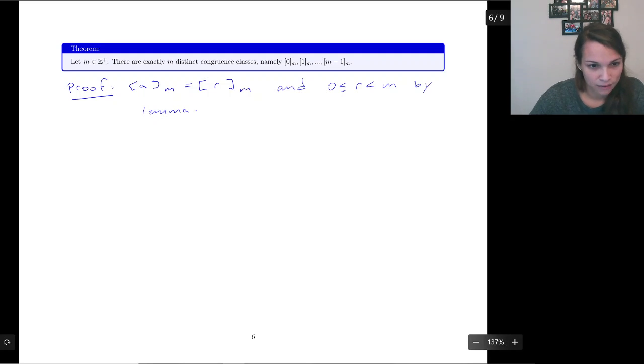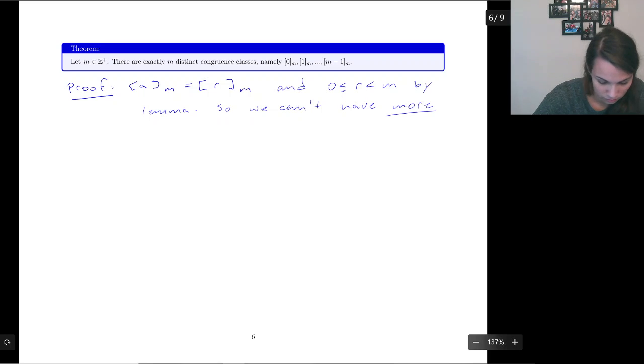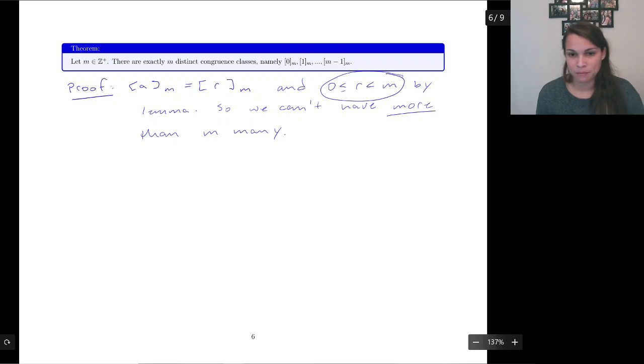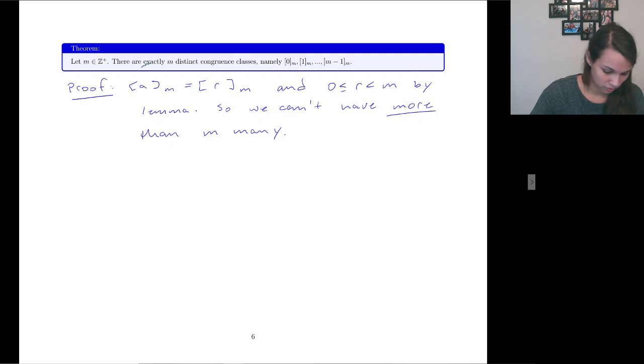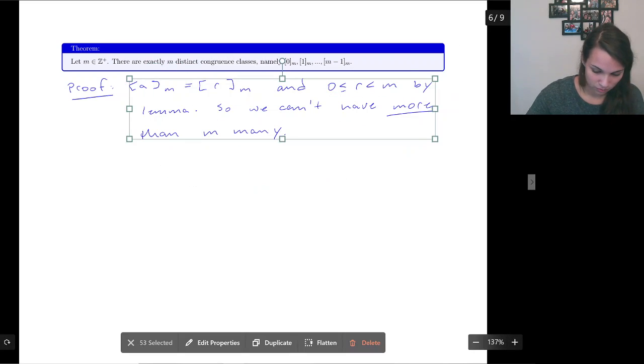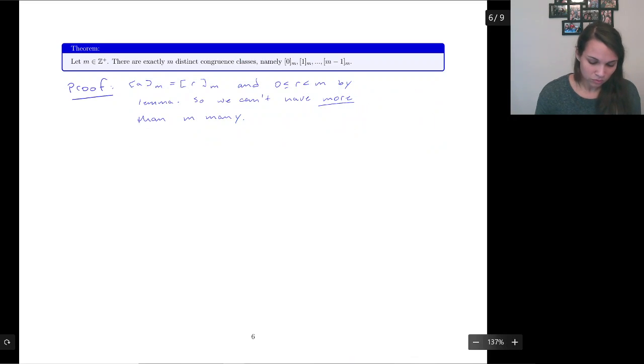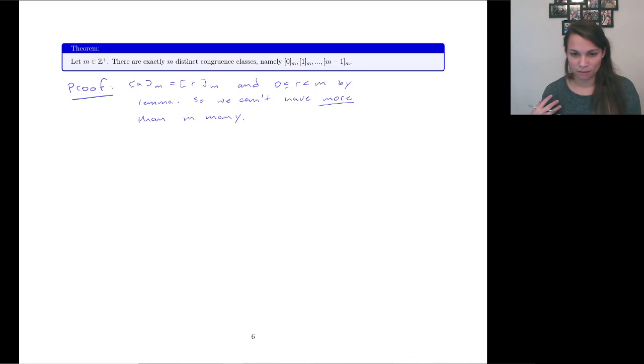So we can't have more than m many, because we only have m many choices for r. That means we can't have more.